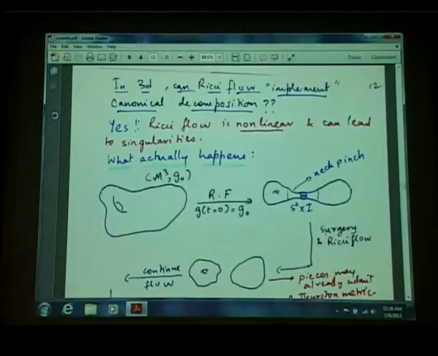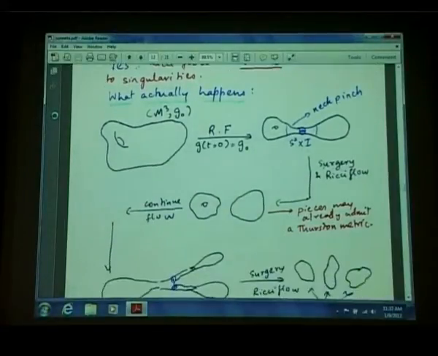Okay, because Thurston's conjecture is more complex, it says first you do a canonical decomposition of the manifold and then the resulting pieces admit one of those 8 special metrics. So the Ricci flow has to actually also somehow implement this canonical decomposition. And the real reason why Ricci flow is able to do that is because it's nonlinear and it can lead to singularities. So let me give you an idea of what happens.